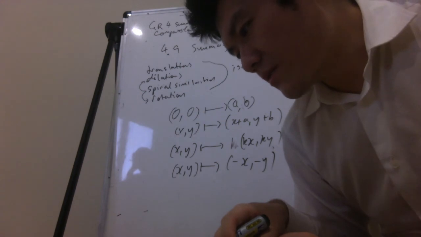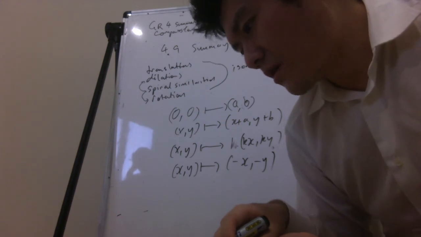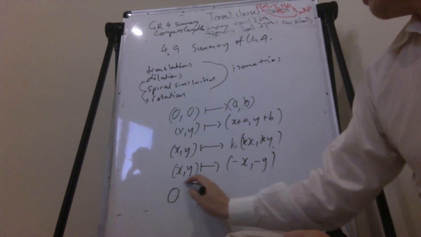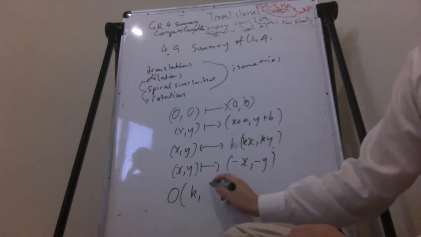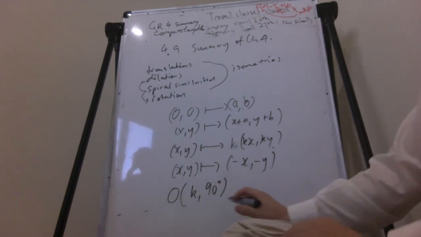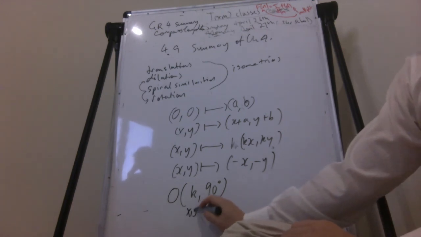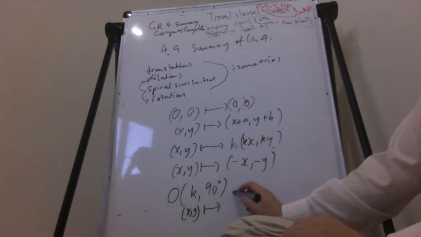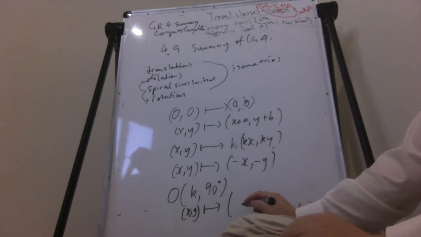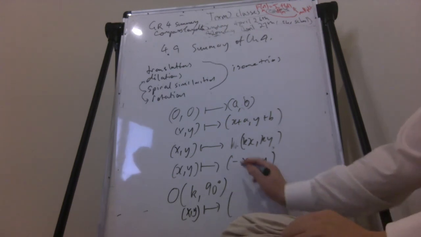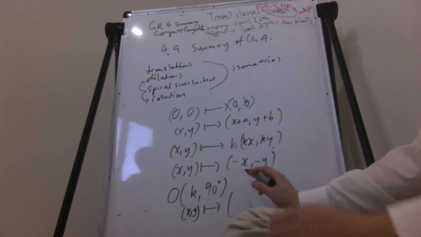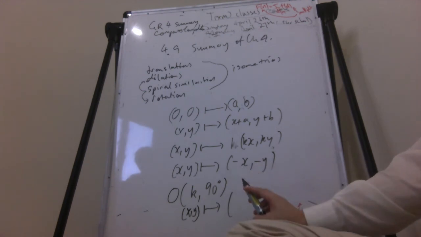A spiral similarity about the origin with ratio k at 90 degrees. So now you're multiplying by ki. Not ki twice, ki once. What happens if you multiply by i, 90 degrees?